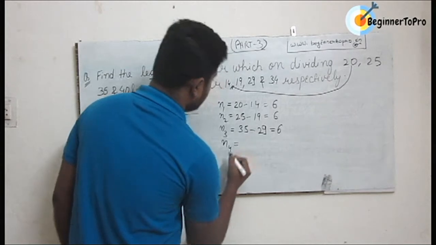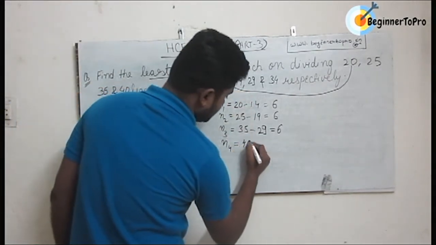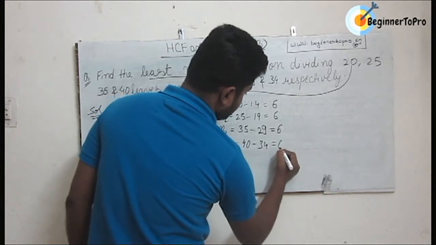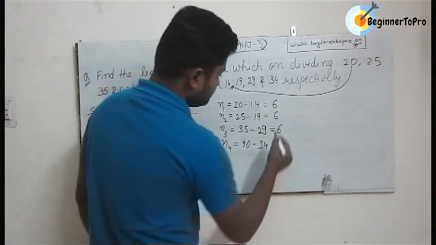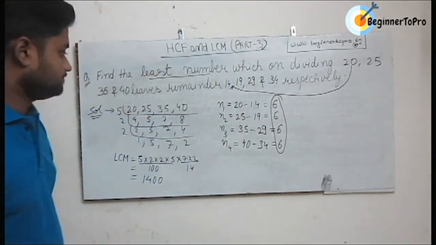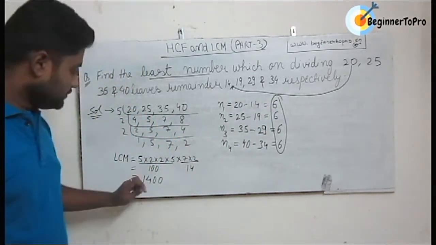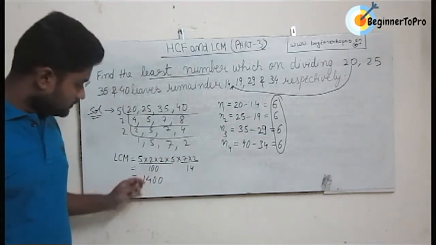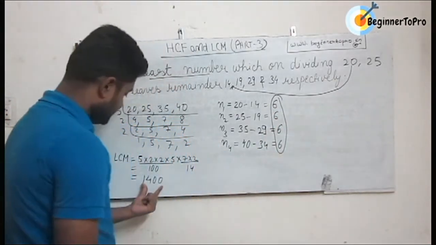Similarly for N4, 40 minus 34, which is again 6. Now after subtracting, we can see that all the results are the same, which is 6. So to get the final answer, from the LCM subtract this common element.